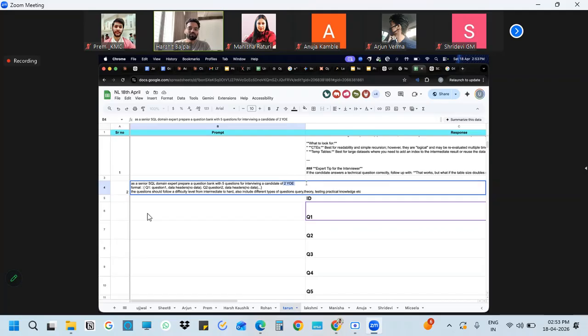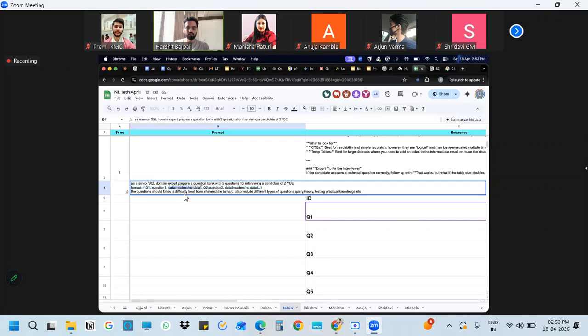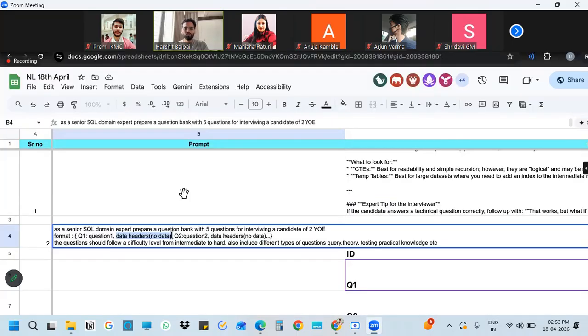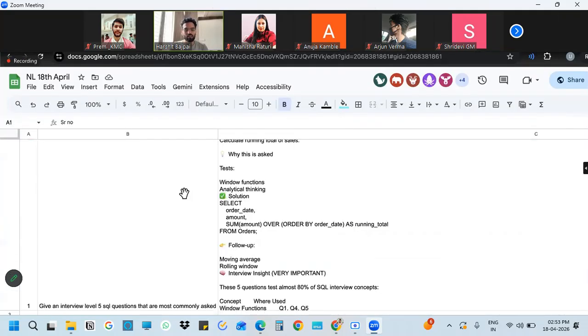If you have 2 years of experience, prepare till 4 years of experience, something of that sort. Regarding this, I think the format is neat. It is clean. Only issue I have is data headers, no data. The right wording would be schema essentially. You have learned SQL, so you know the word is schema. So you can paste it here.